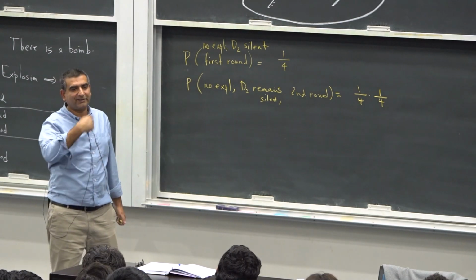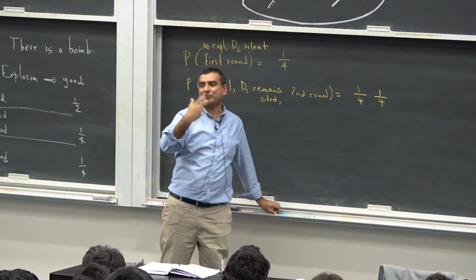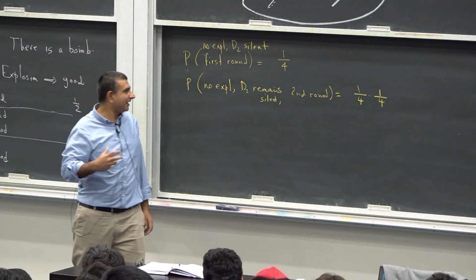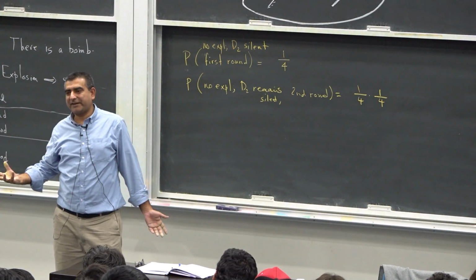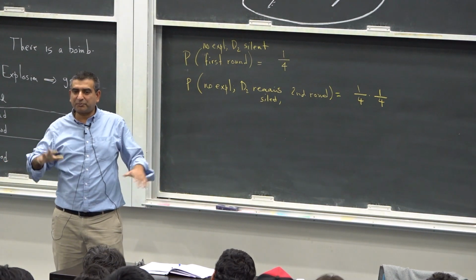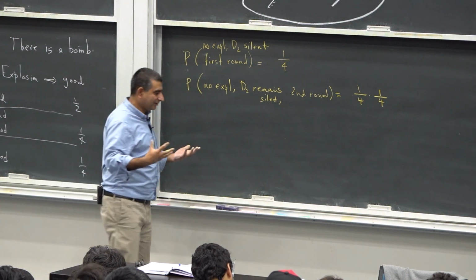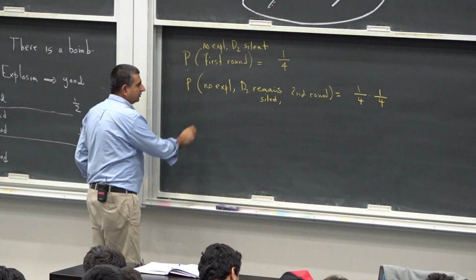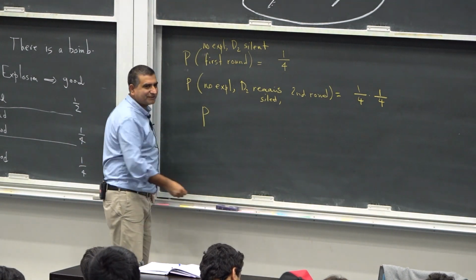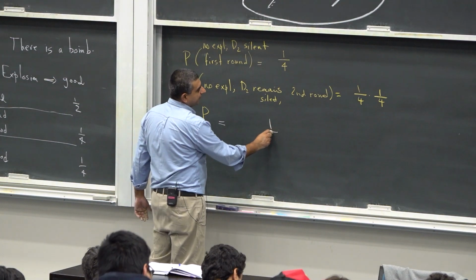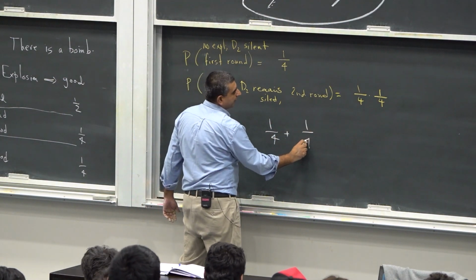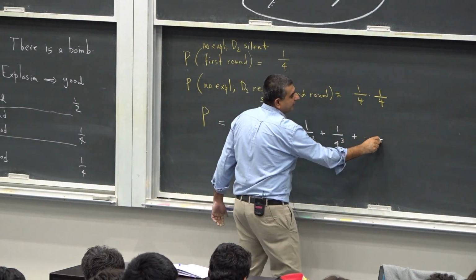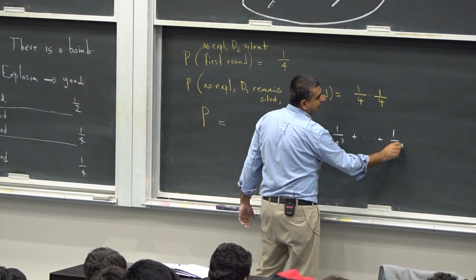And if this keeps on happening, if after n rounds you still do not see the detector D2 clicking, and you still have not received an explosion, what's the probability of this scenario in n rounds? It's kind of 0. Your physicists, your mathematicians don't say 0. You really need to add 1 by 4 plus 1 by 4 squared plus 1 by 4 cube, correct? All the way to 1 by 4 to the n, right?